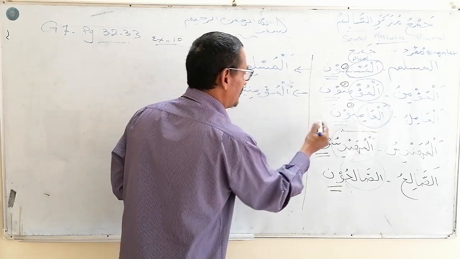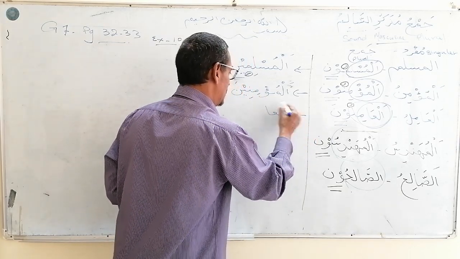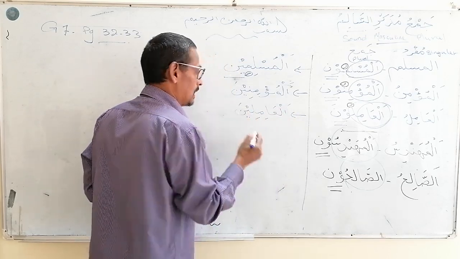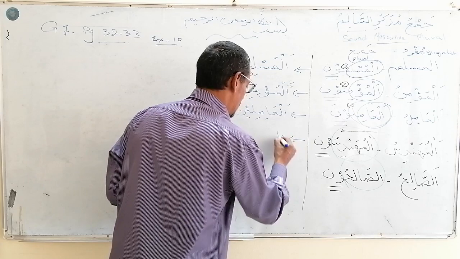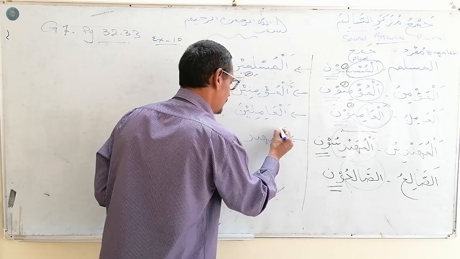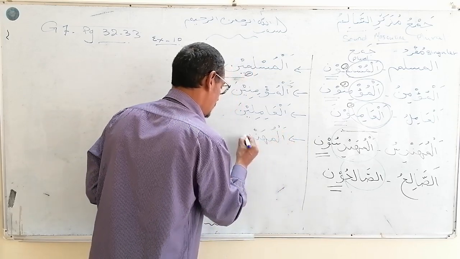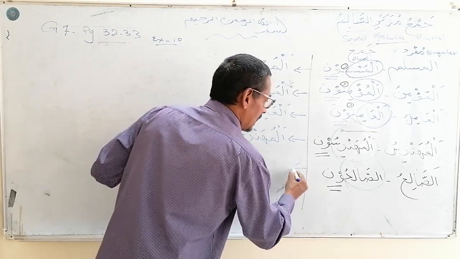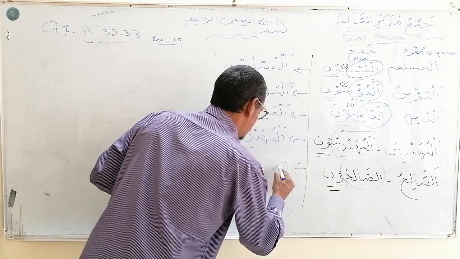Al-amilun becomes al-amilina. Al-muhandisun becomes al-muhandisina. Similarly, as-salihun becomes as-salihin.